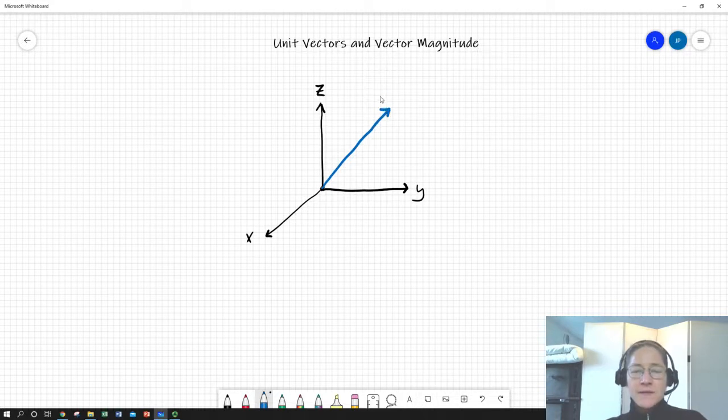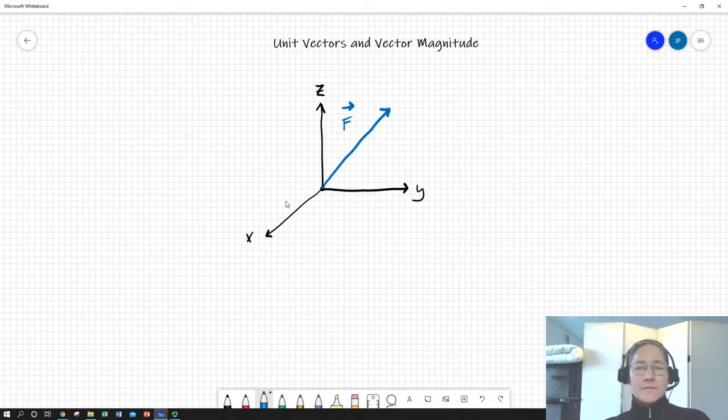So we need to have bomb-proof ways of expressing a vector in terms of both its magnitude and its direction. Say we have a force vector, and it's pointing from the origin to somewhere out in space.